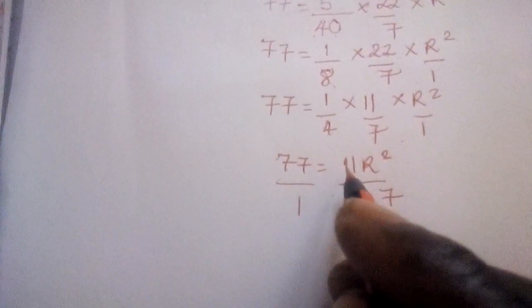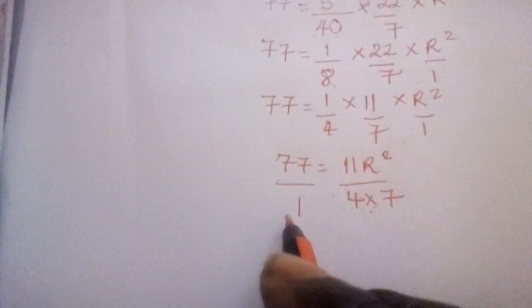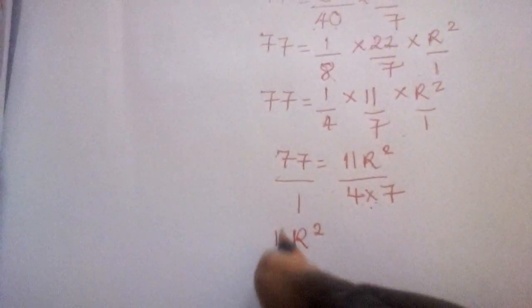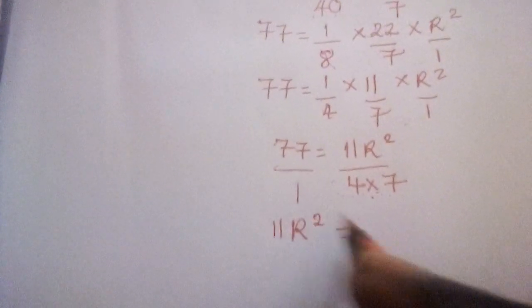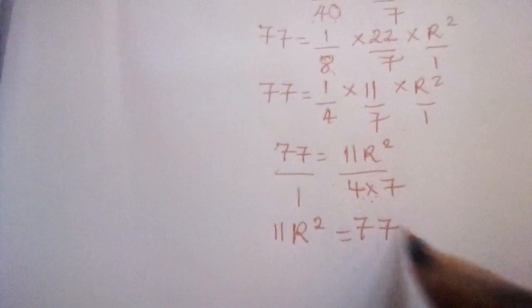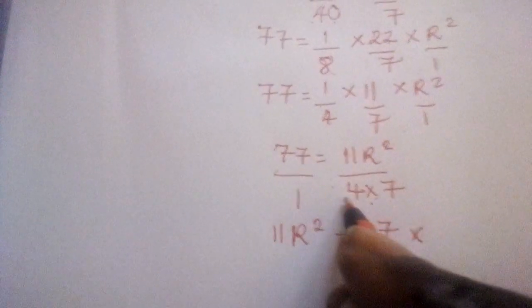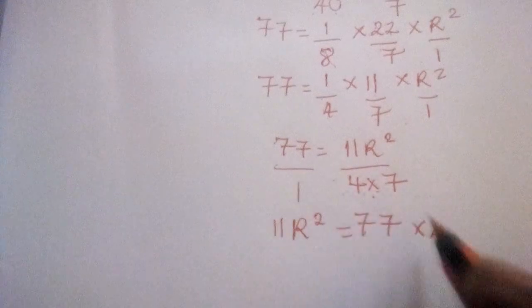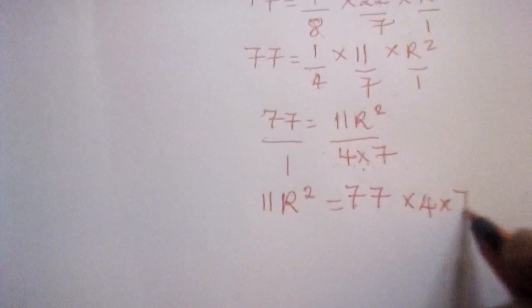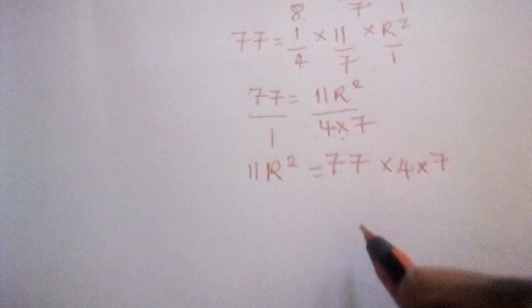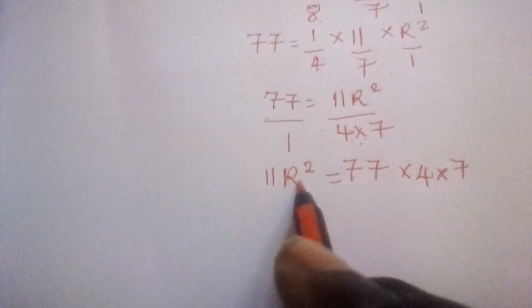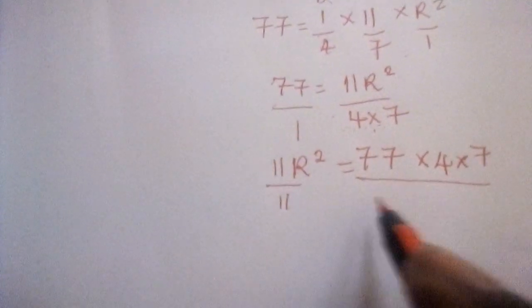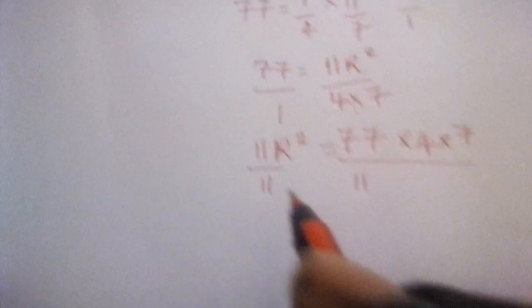So it's 11R squared times 1, I get 11R squared equals to 77 times 4 times 7, because we are cross multiplying. Then I want to remain with R squared. I need to divide both sides by 11. We are trying to solve this without using a calculator.